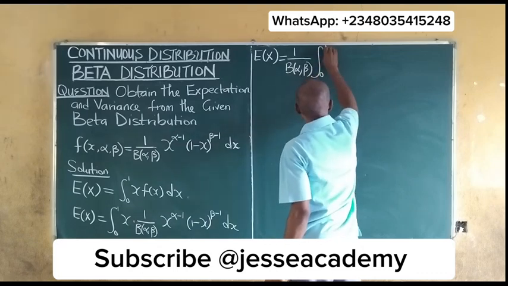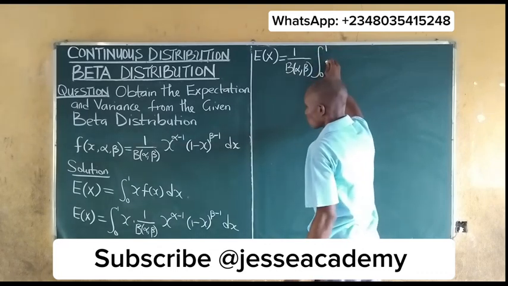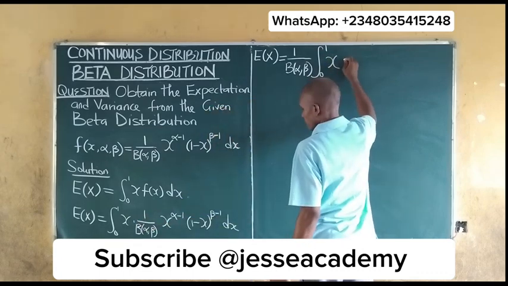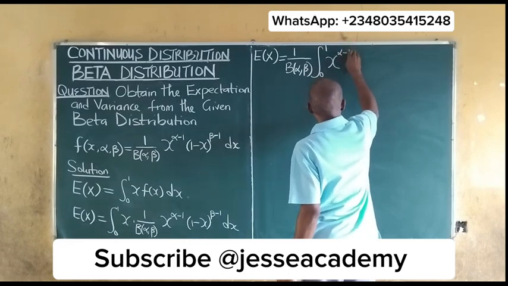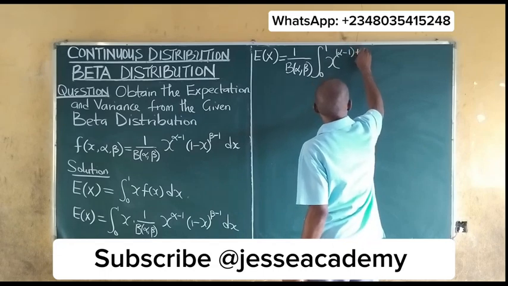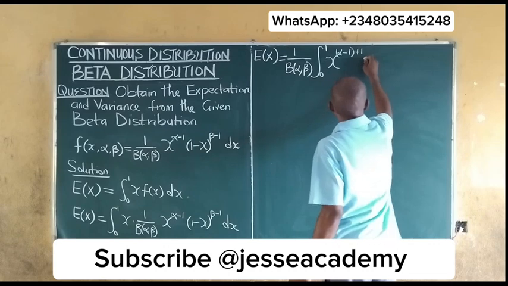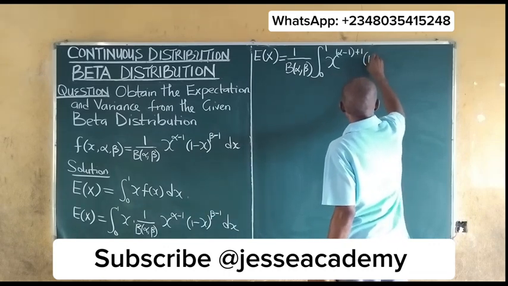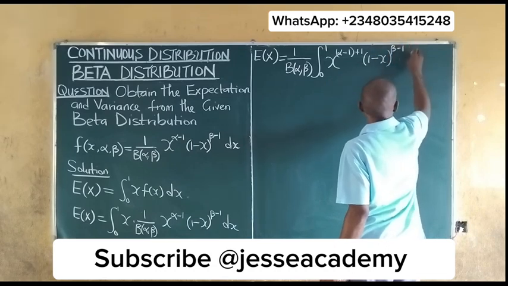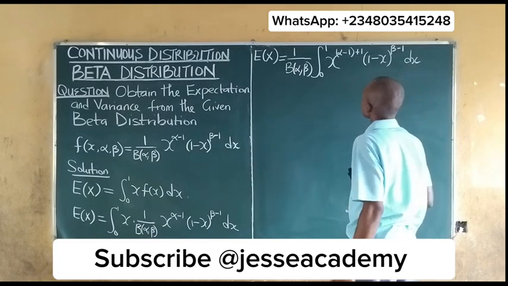into, as it ranges from 0 to 1, if we combine these two, we'll have x^(alpha minus 1 plus 1) into (1 minus x)^(beta minus 1) dx.